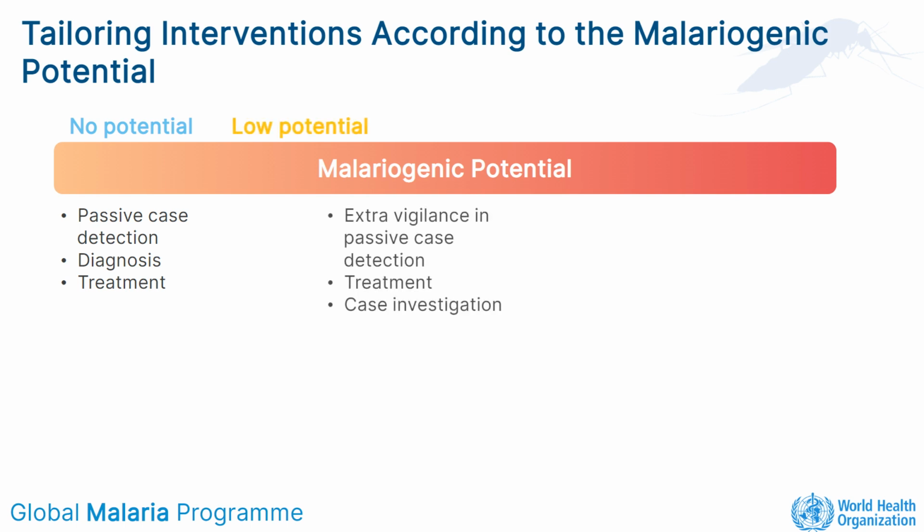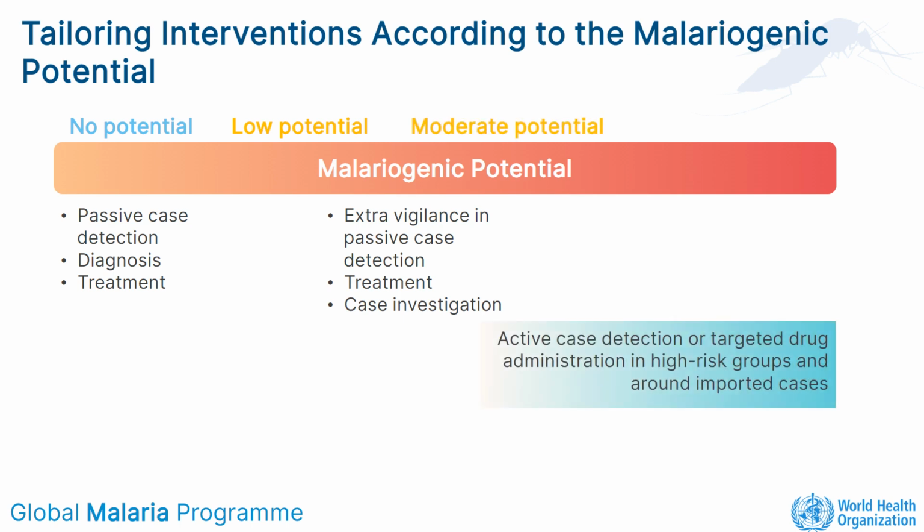In areas with low receptivity and low risk or rate of importation, the malariogenic potential is low, and early case detection by a vigilant general health service, complemented by epidemiological investigation of every suspected local case, may be sufficient, provided that rapid and appropriate curative and preventive measures are in place.